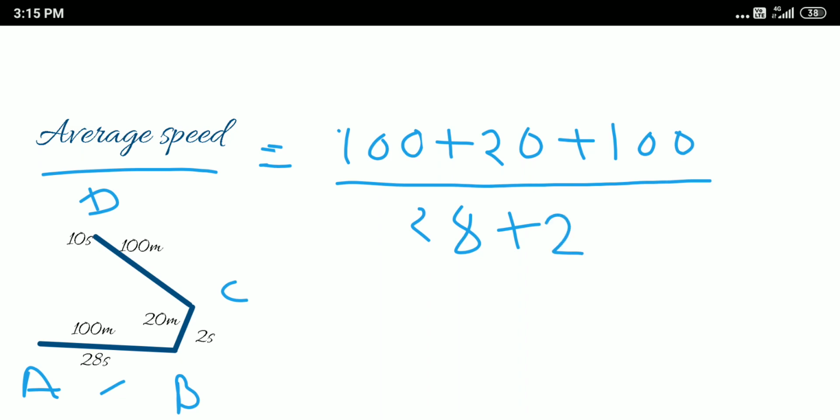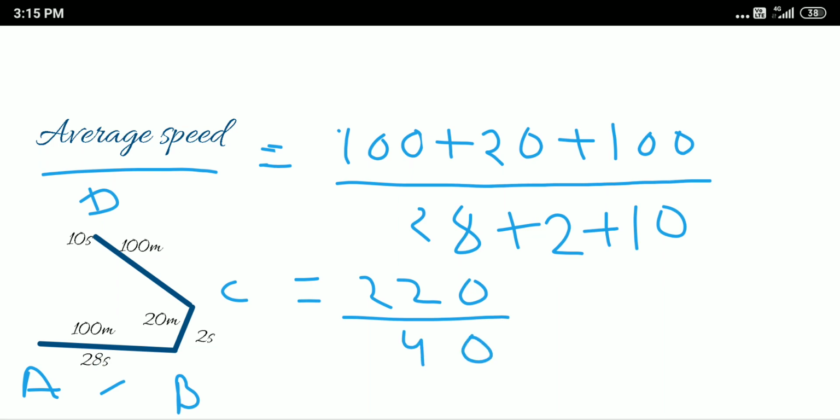It will be 28 seconds, 2 seconds and 10 seconds. Now what is the sum of these? 220 divided by 40, which is 5.5 meters per second. So the average speed of the object is 5.5 meters per second.